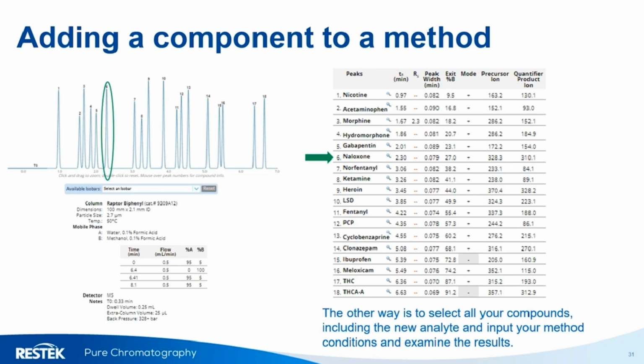As you can see, just adding this compound to my existing separation showed that it would work quite well on my original 100 by 2.1 millimeter column, Raptor biphenyl, 2.7 micron with a water methanol mobile phase system. So the gradient works, and I can easily add this compound to my method.